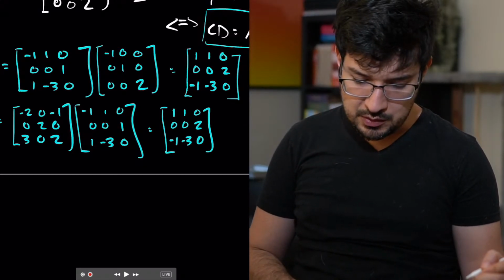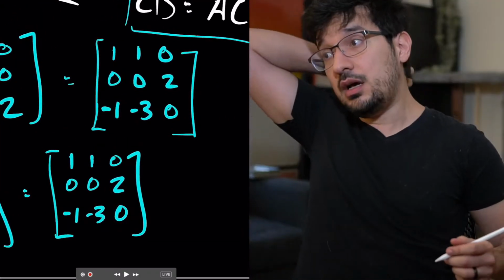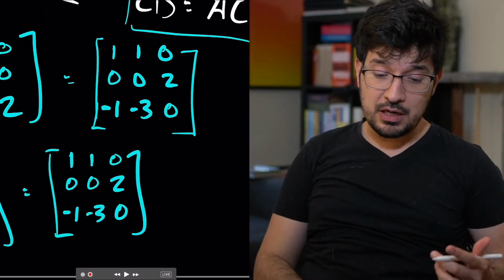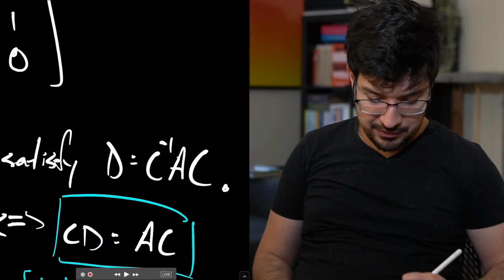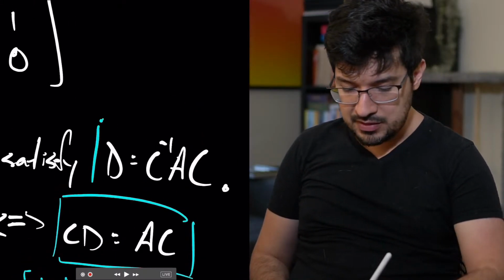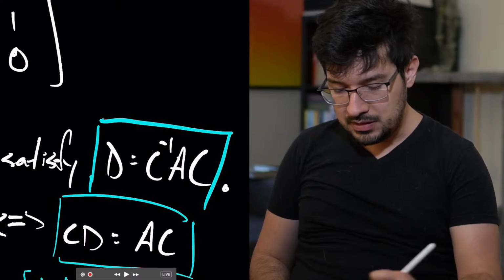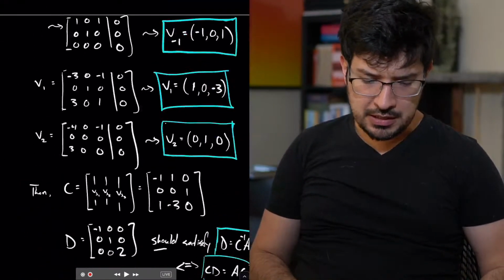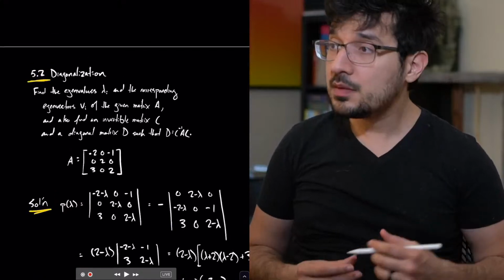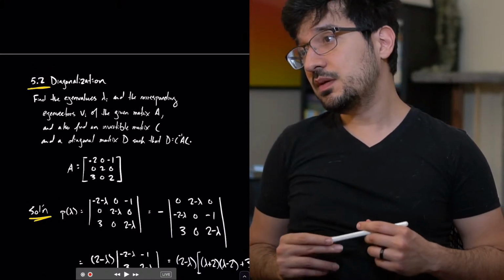So notice those two matrices match, and then therefore CD equals AC, and then therefore D inverse equals C inverse AC. So let's freaking go. We're all done with this problem on diagonalization.